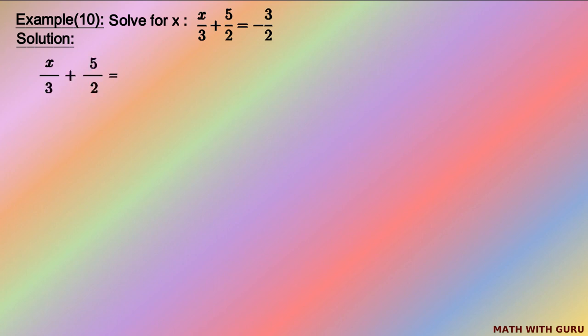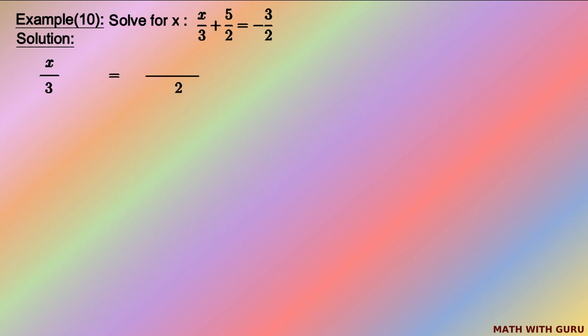Example 10. Solve for x. X over 3 plus 5 over 2 equals minus 3 over 2. Let us write down the equation. Now bring plus 5 over 2 to the right hand side. It becomes negative. On the right hand side, we have two fractions and their denominators are equal.